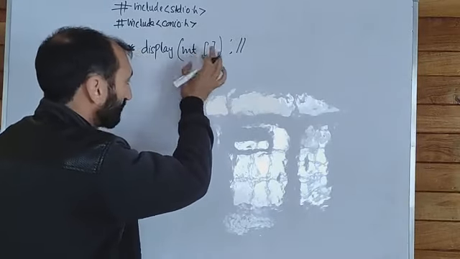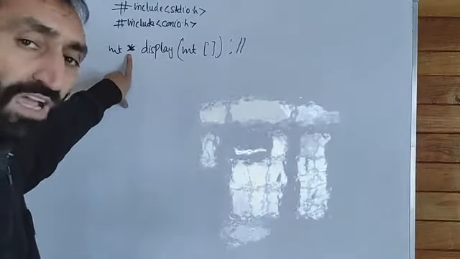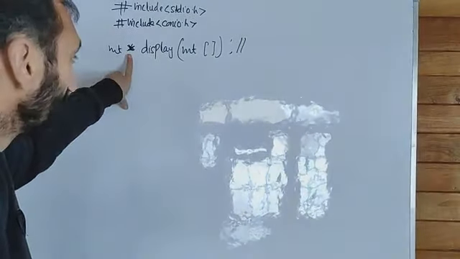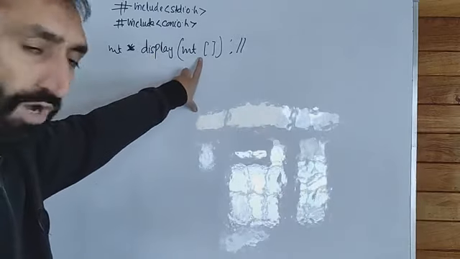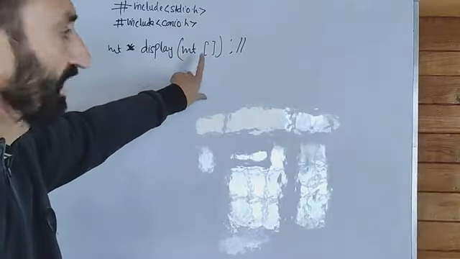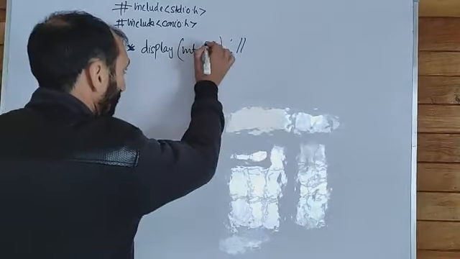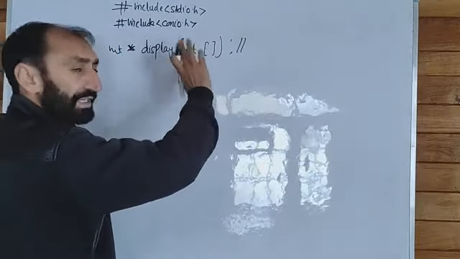Here the calling function is passing an array of type integer. These square brackets show that it is an array of type integer.